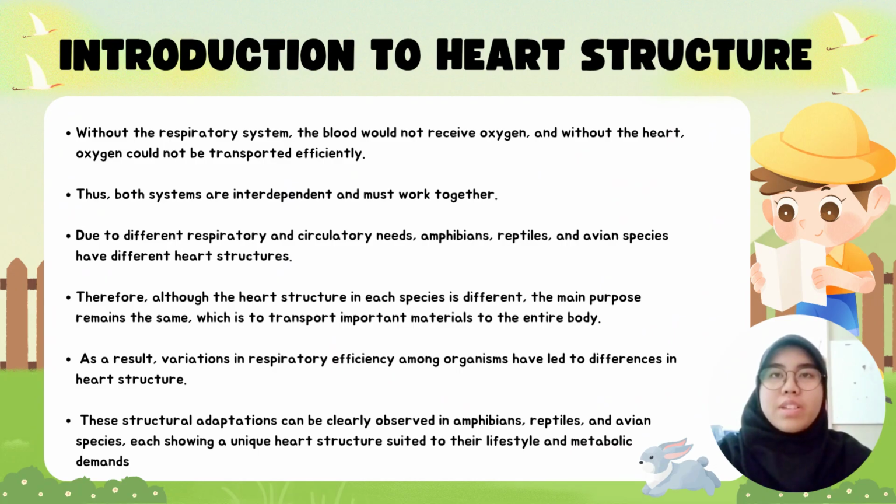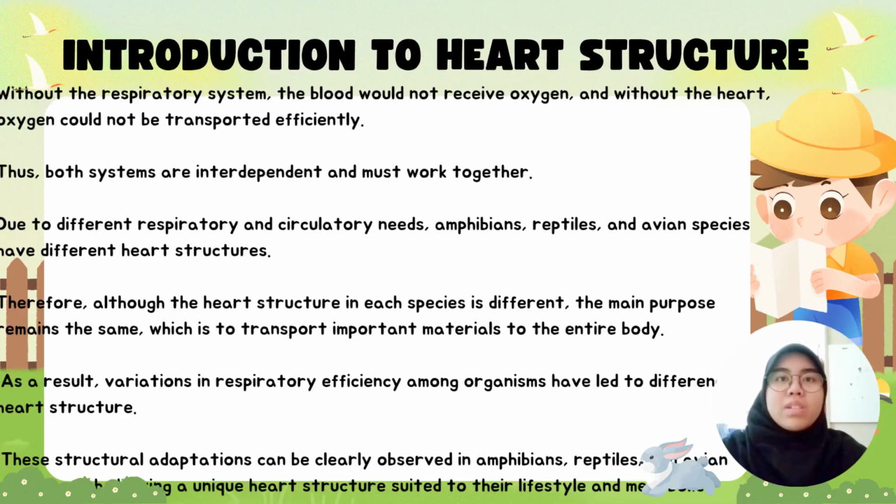As a result, variation in respiratory efficiency among organisms has led to differences in heart structure. This structural adaptation can be clearly observed in amphibians, reptiles, and avian species, each showing a unique heart structure suited to their lifestyle and metabolic demands.